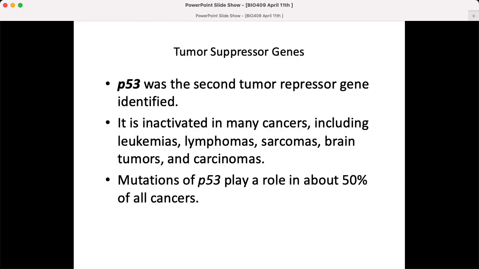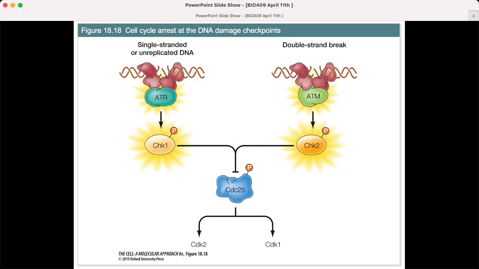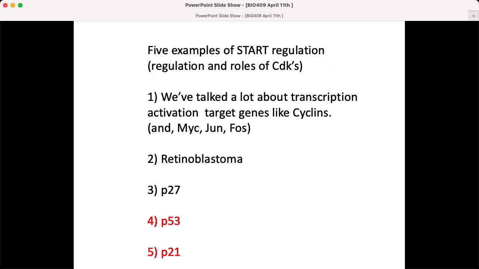Then the next thing we want to talk about is that we learned in chapter 18 about p53, and p53 is a transcription factor that gets activated. So let's just put this down here. We want to loop back to p53 just to add a little bit to it.